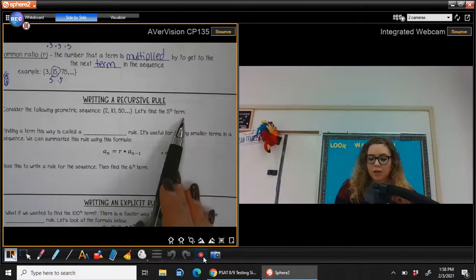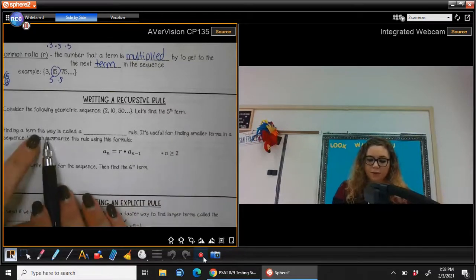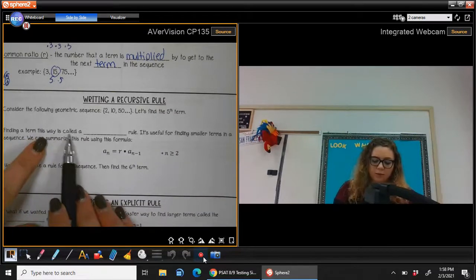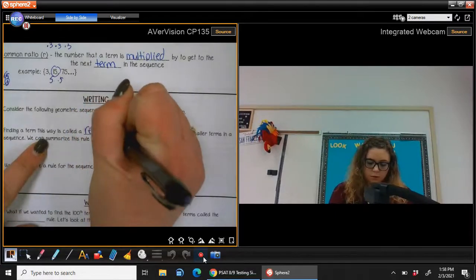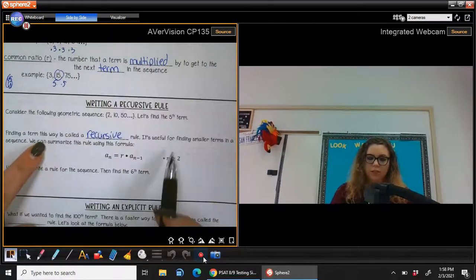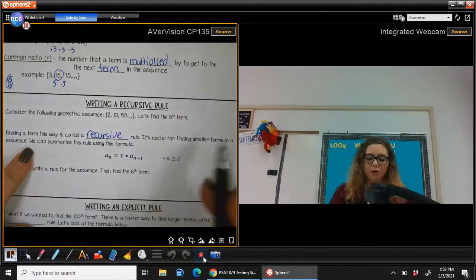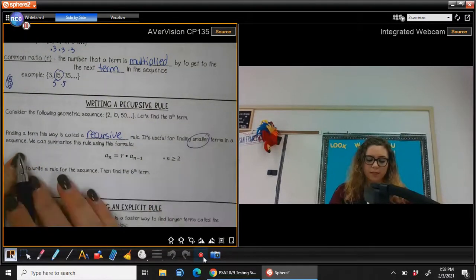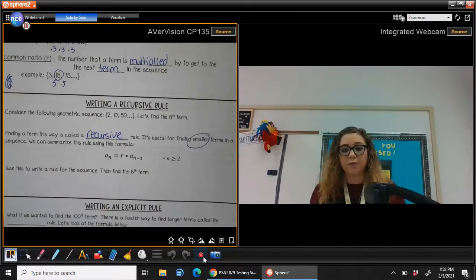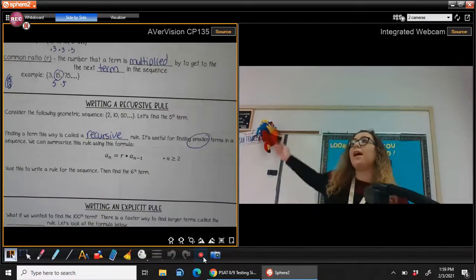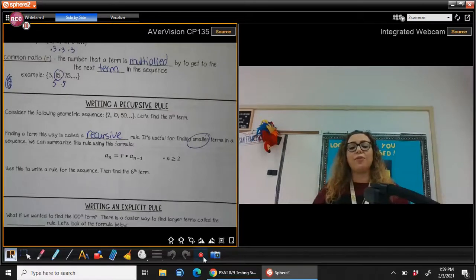Finding a term this way is called recursive. It's useful for finding smaller terms in a sequence. You're not going to use this formula if you're trying to find the 100th term or the 1000th term, because that's going to take forever.